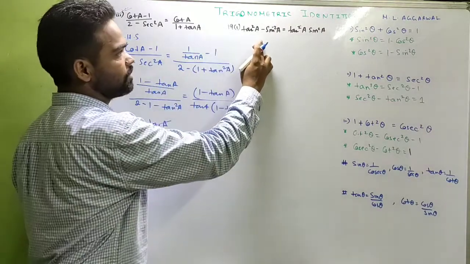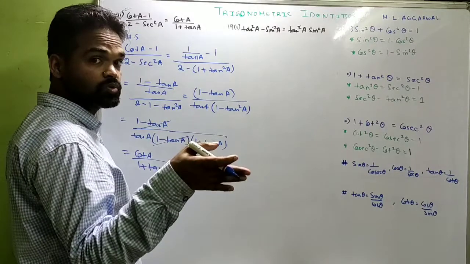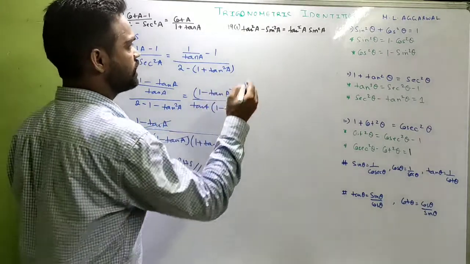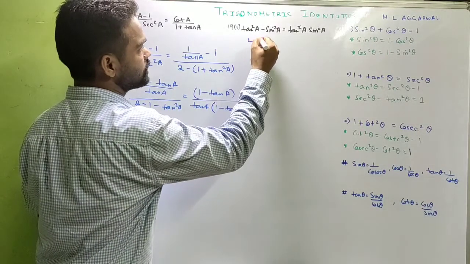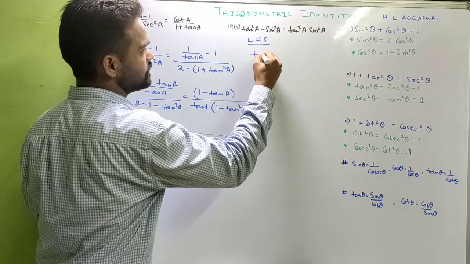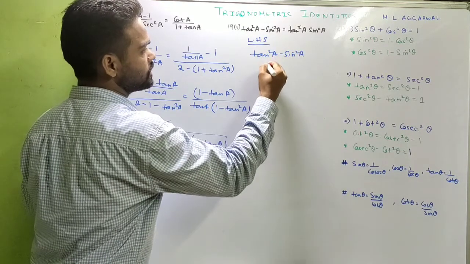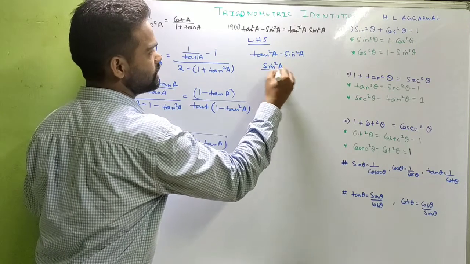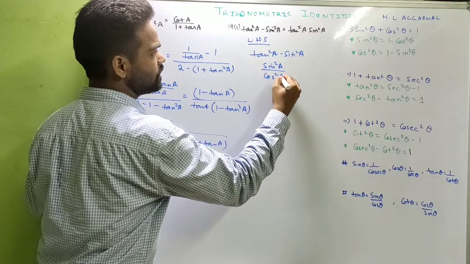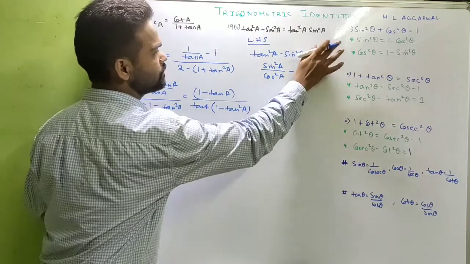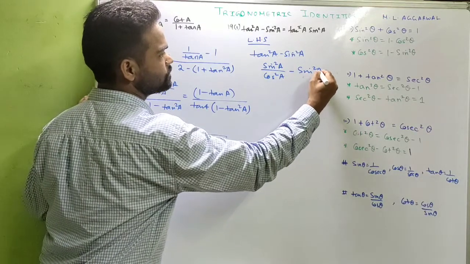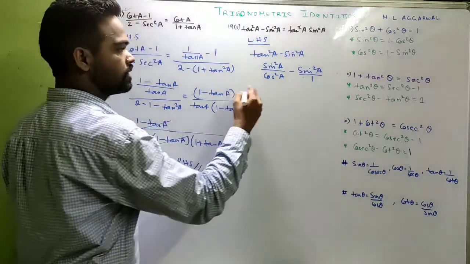Prove that tan square A minus sine square A equals tan square A multiplied by sine square A. Very easy. Just look over here. Your left hand side is tan square A minus sine square A. Now tan square A I can write as sine square A by cos square A minus sine square A, isn't it? Take LCM.